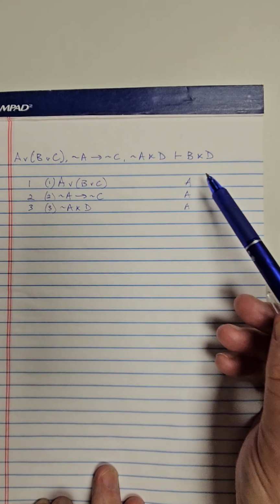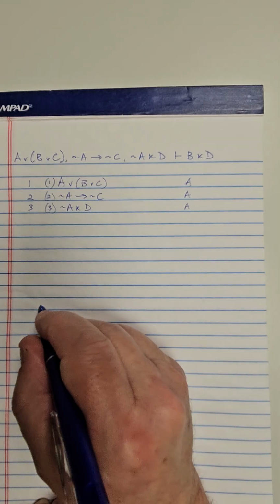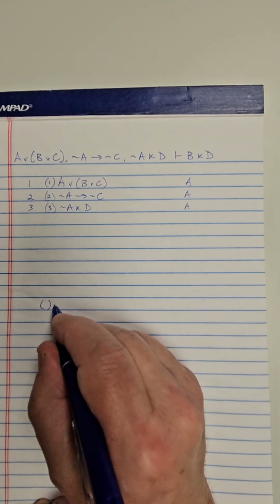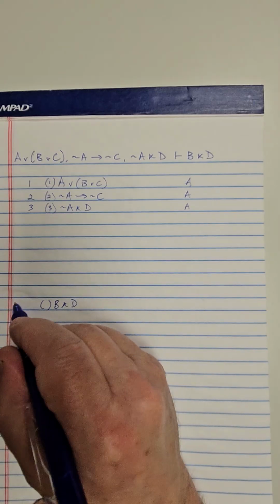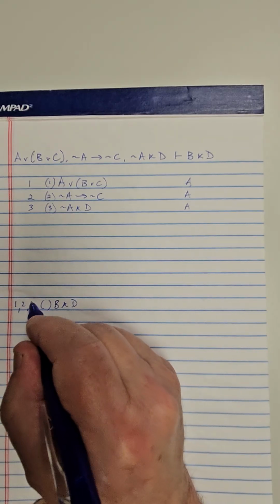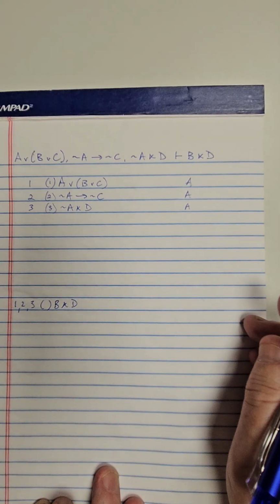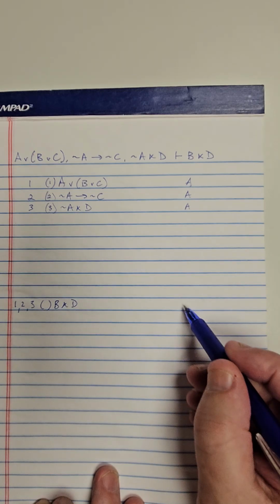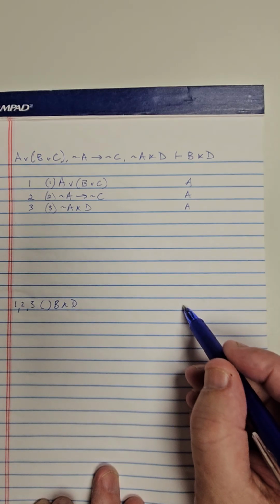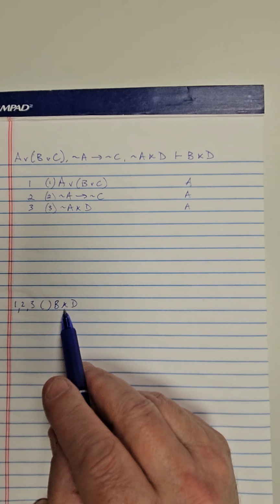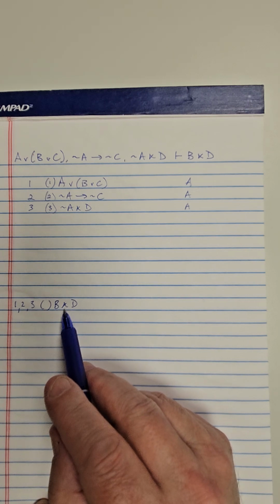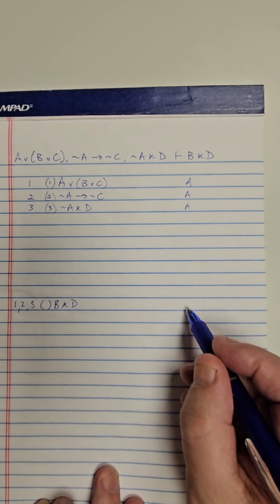What about the conclusion? Well, the conclusion, which we'll get to somewhere down here, is itself a conjunction, both B and D. We're trying to prove it on assumptions 1, 2, and 3. So if you think about what rule will go here on the last line of the proof, probably it will be ampersand introduction, the one where we take two sentences and put them together in a conjunction.